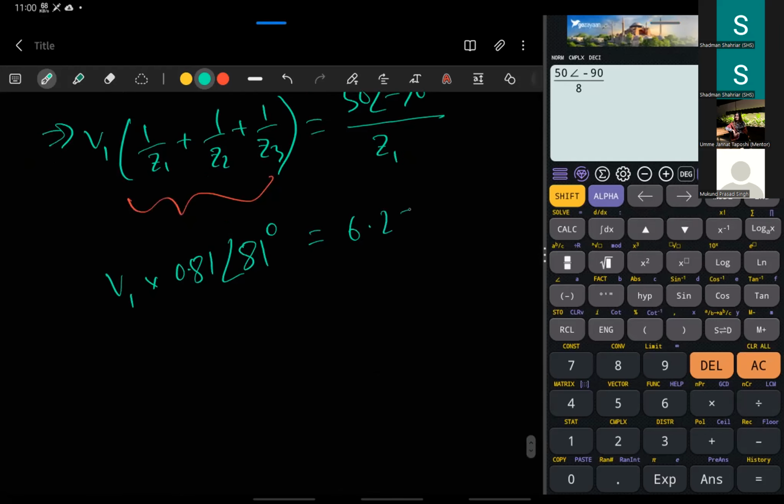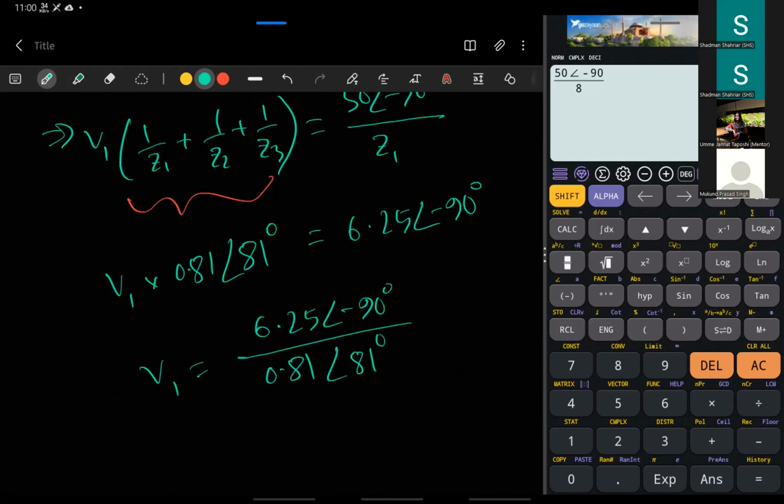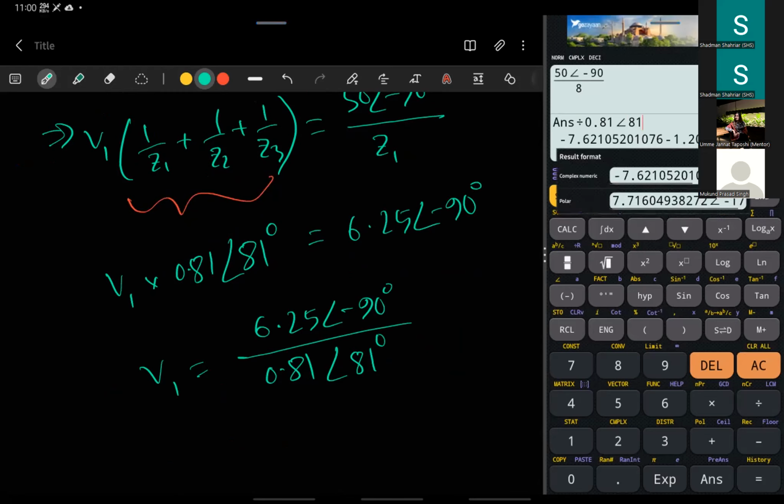If you're trying to find the value of V1, you should divide by 0.81 angle 81 degree. So I can divide the answer by 0.81 angle 81 degree. That gives us in polar format 7.71 angle minus 171 degree.